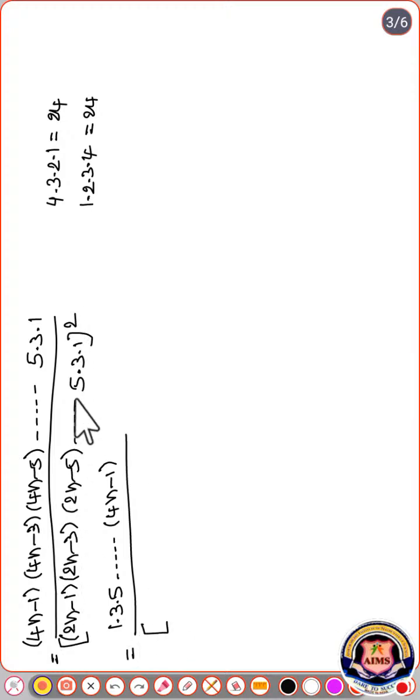Inside of the bracket big to small is there, but you can rearrange small to big, 1, 3, 5 and so on, 2n minus 5, 2n minus 3, 2n minus 1. I can write directly the big number 2n minus 1 totally whole square. So this is the RHS value.